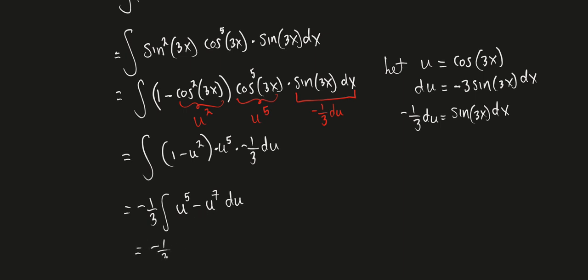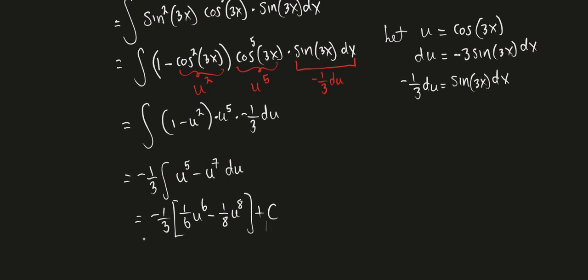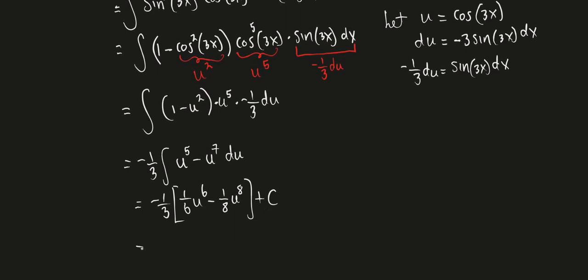Now let's write down our antiderivatives using our power rule. So this is 1/6 u to the 6th minus 1/8 u to the 8th, and then our plus c. If we distribute the negative 1/3, this is what we have: negative 1/18 u to the 6th, and then plus 1 over 24 u to the 8th plus c.